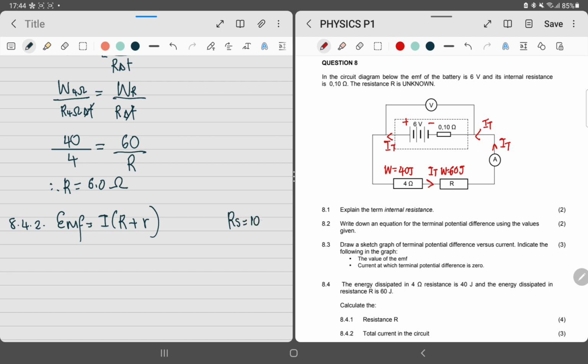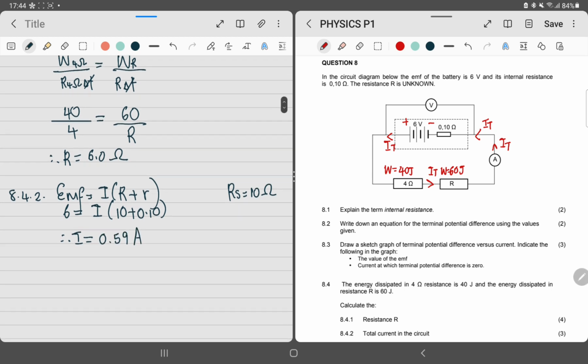So that was going to be 10 ohms, which is the R external. The EMF is 6 volts. The current, that's what I'm searching for, that's a 10, then 0.10. So the total current should be, I'm getting 0.59 amps.